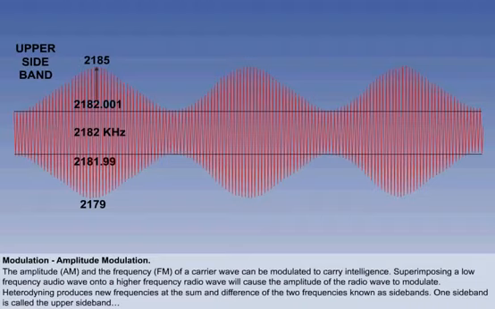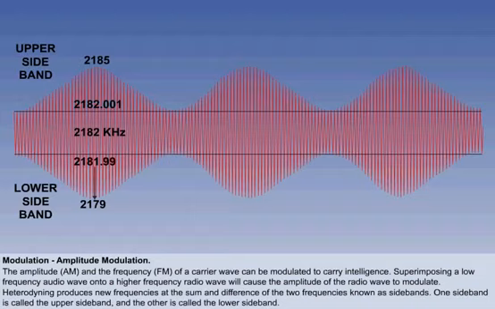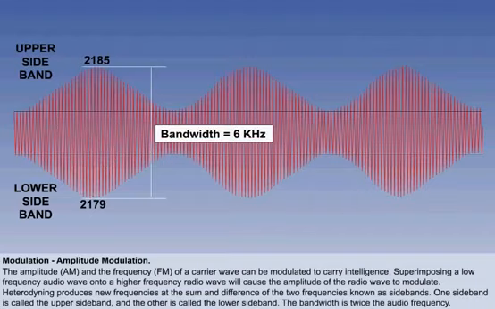The other, lower sideband, extends downwards from 2181.999 kHz to 2179 kHz. The spread of frequencies is therefore from 2179 kHz to 2185 kHz, giving a bandwidth of 6 kHz, that is, double the audio frequency used.